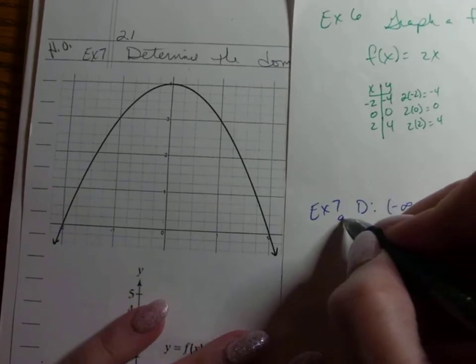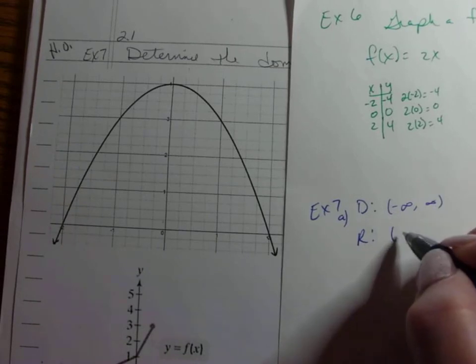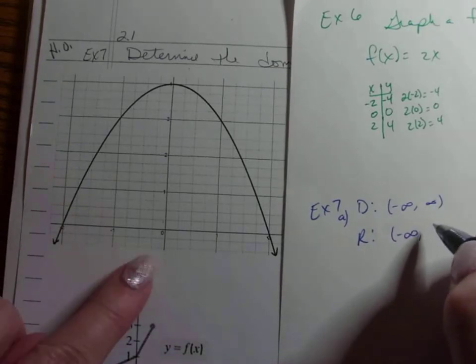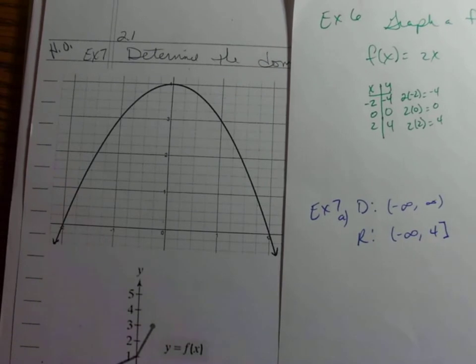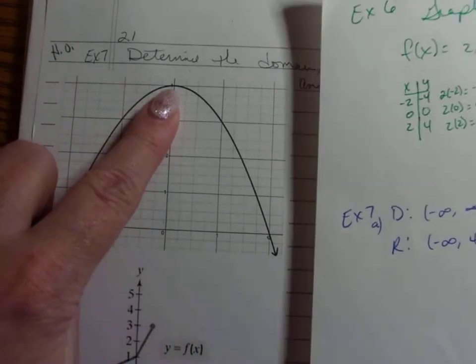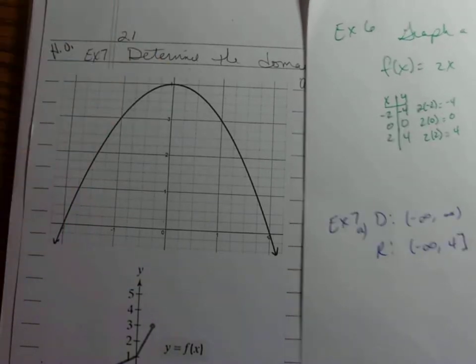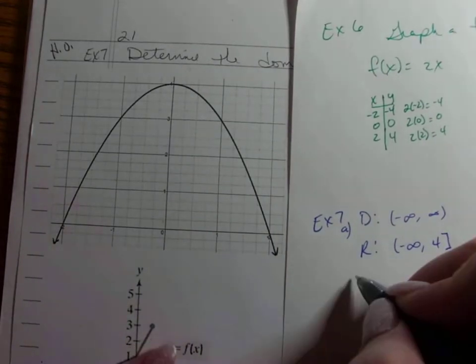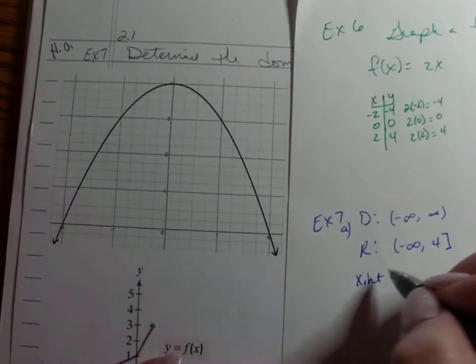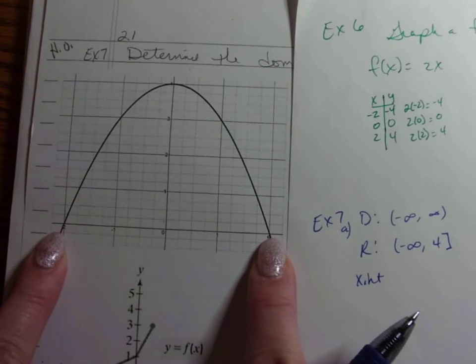This will be for part A. And then our range was negative infinity to 4, and 4 gets a bracket because it includes the top part of our graph, because it touches. The next thing we're looking for are the x and y intercepts. So our x-intercept is where it crosses the x-axis, so it's going to be at negative 2 and 2.